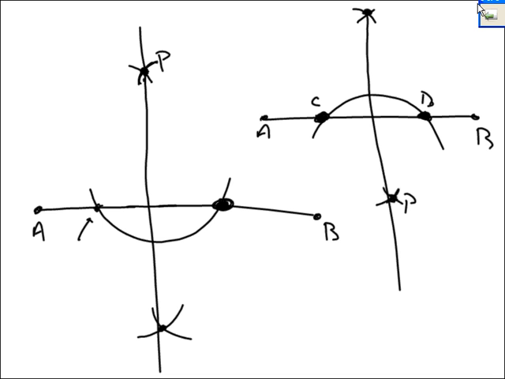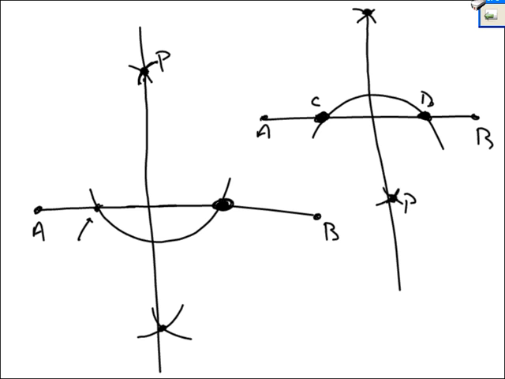The next thing we're going to talk about is, let's see, how do you draw two parallel lines? You're given a line and you want to draw one parallel to it.